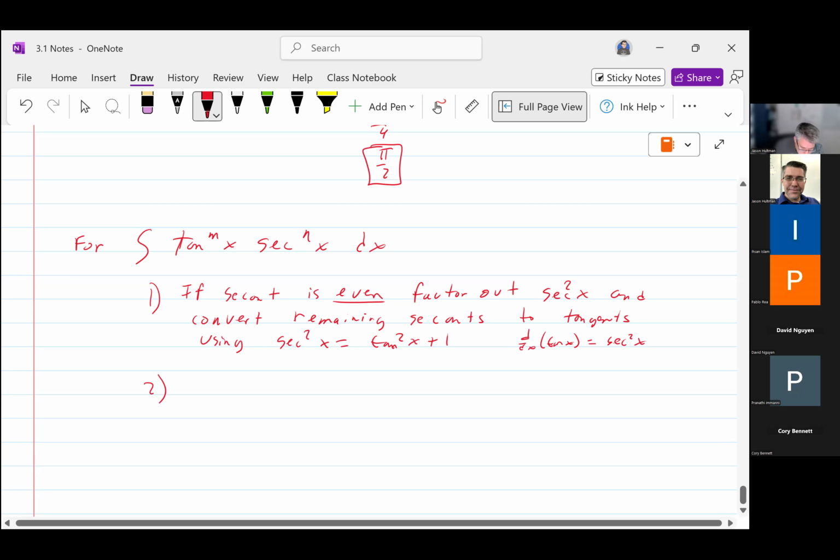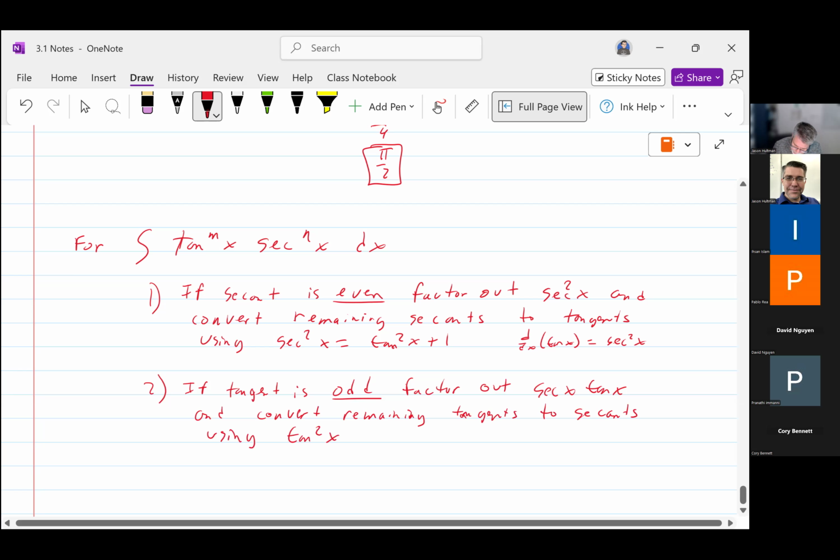Number 2, if tangent is odd, factor out a secant x tangent x and convert remaining tangents to secants using tangent squared x equals secant squared x minus 1.